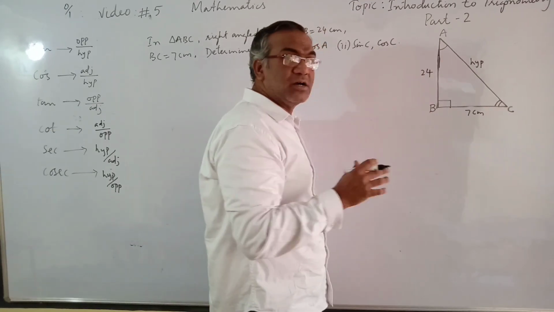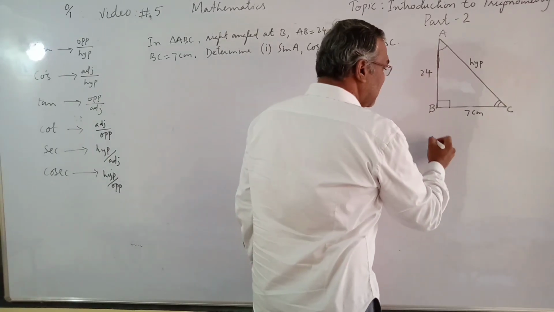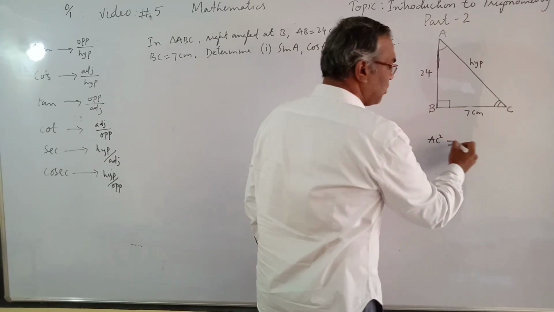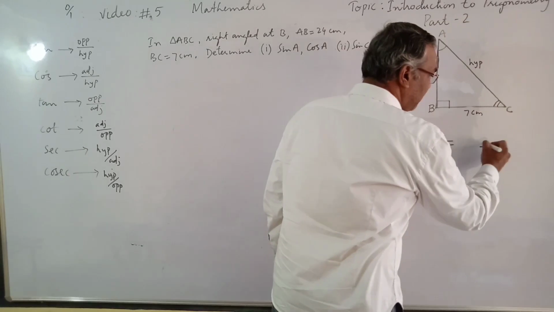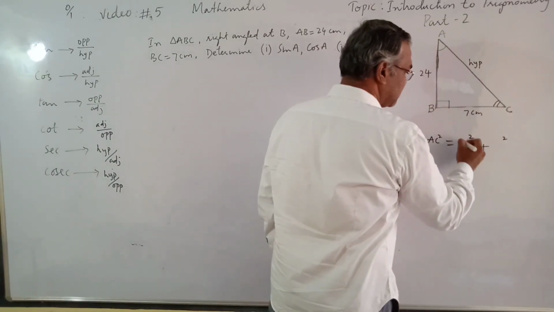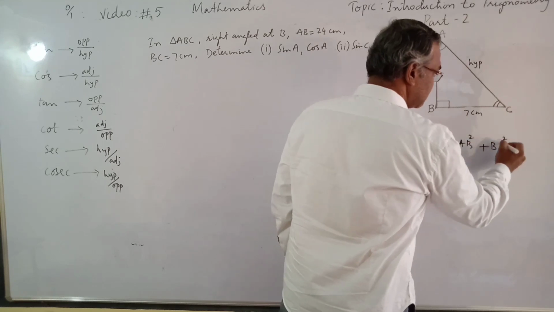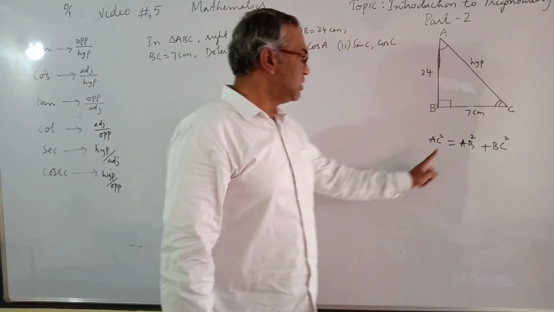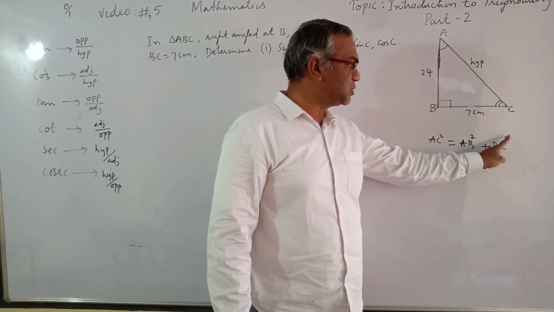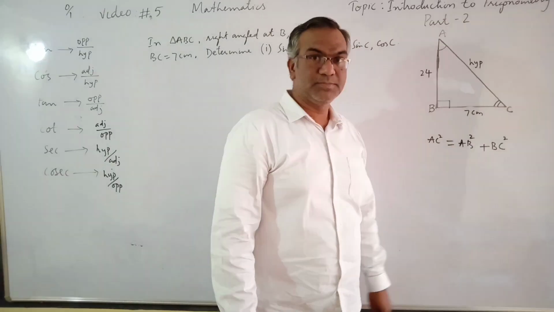Now, according to Pythagoras theorem, square of the hypotenuse is equal to sum of squares on the other two sides.